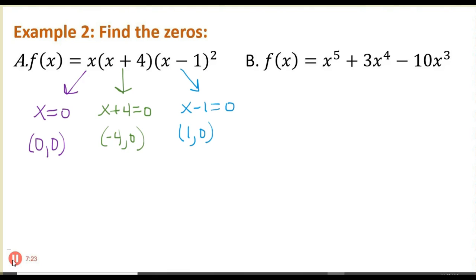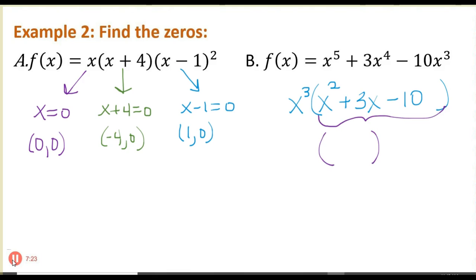Okay, so now let's look at the second one. This is in standard form. There are a lot of different methods, but the first thing we're going to do is look for our GCF because we have to solve it. I'm noticing I can factor out an x cubed. When I factor out x cubed, I have x squared plus 3x minus 10. This is a quadratic, and you can either factor that or use your quadratic formula.